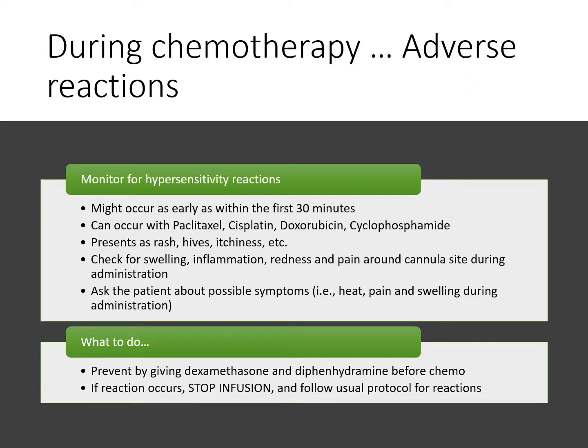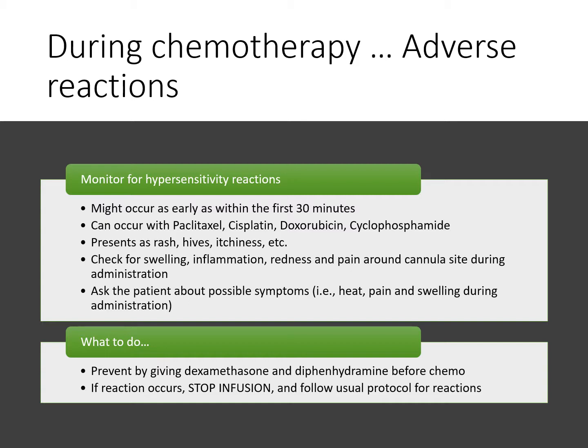So the next area I want us to focus on is chemotherapy adverse reactions. I'd like you to know that these drugs are not without side effects, and the side effects can be very severe. So you need to take your time to go through the contents in the handouts regarding side effects and what to do.